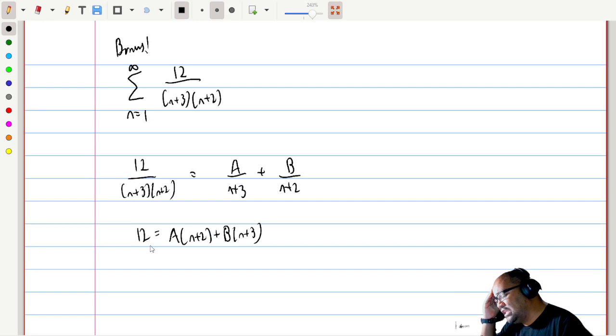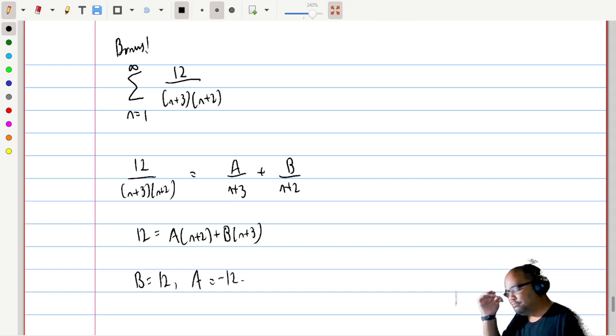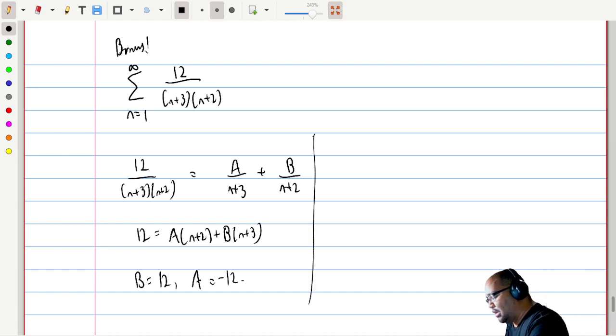If I set n equal to -2, I get that b is 12. And n equal to -3, a is -12. So we're going to write this just like we did before.